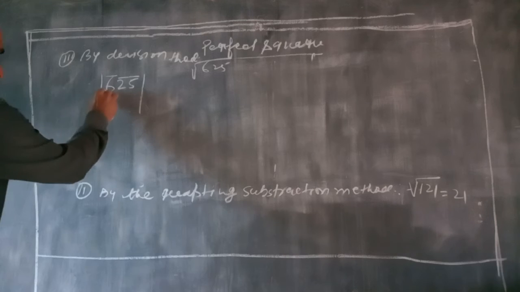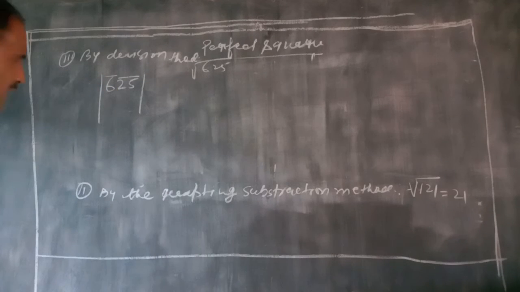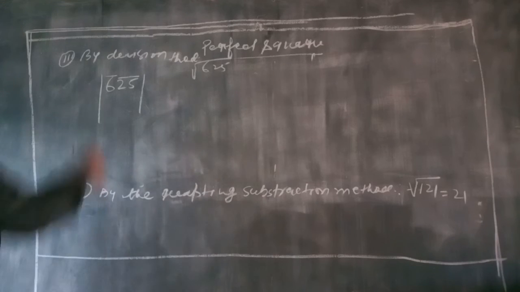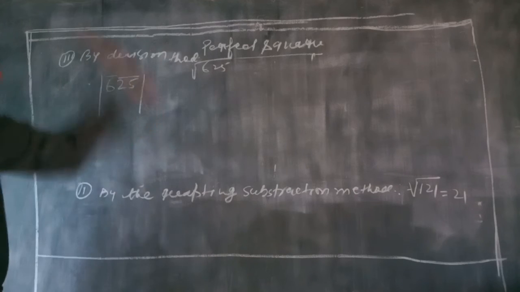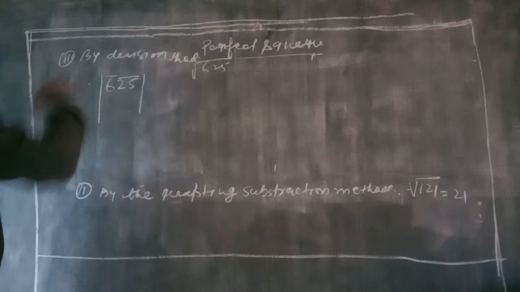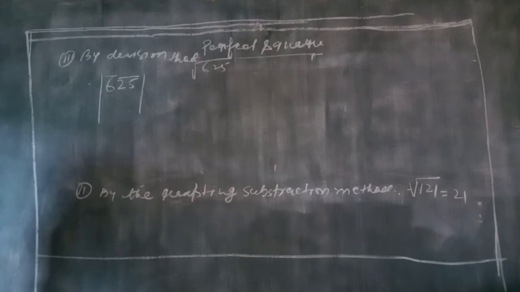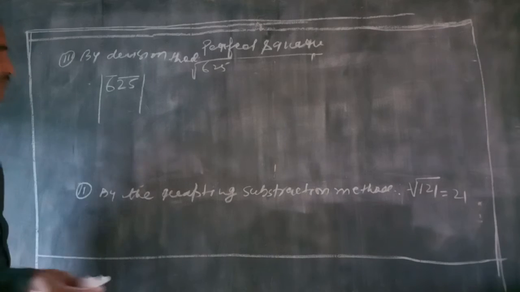You have to multiply that number by itself, and the result should be 6 or less than 6. Have you understood? I am going to repeat this once again.